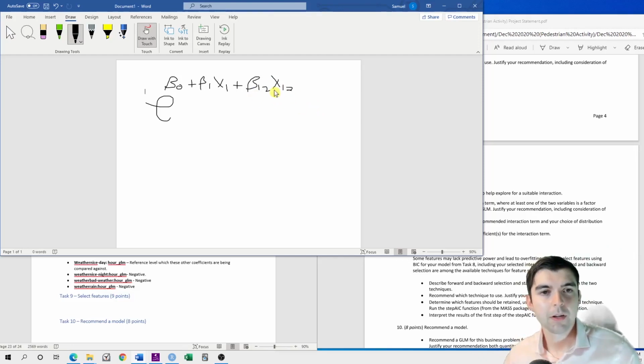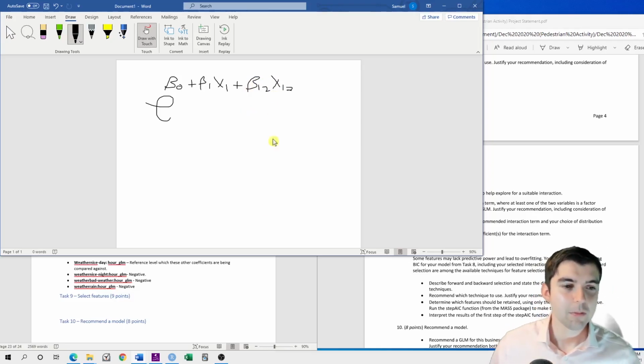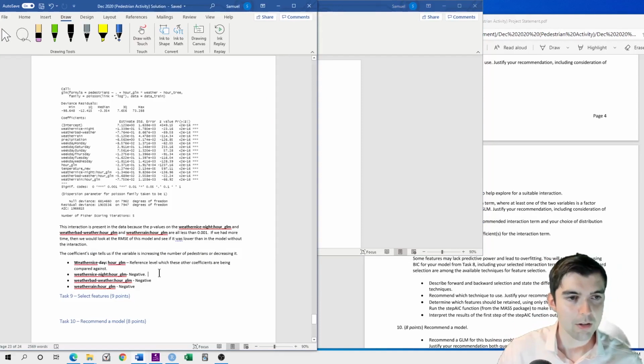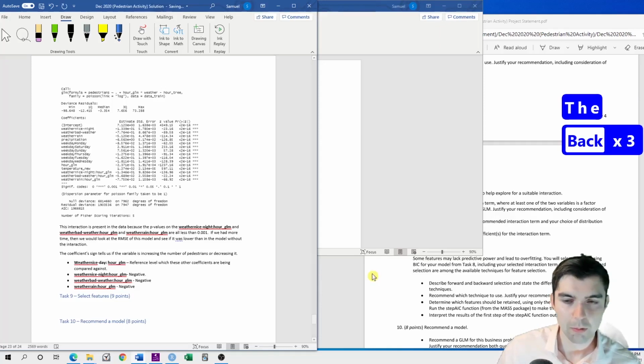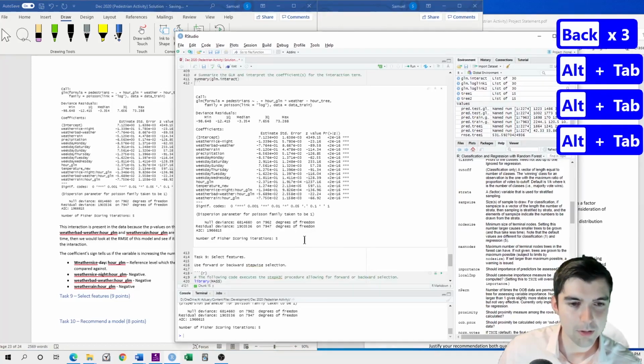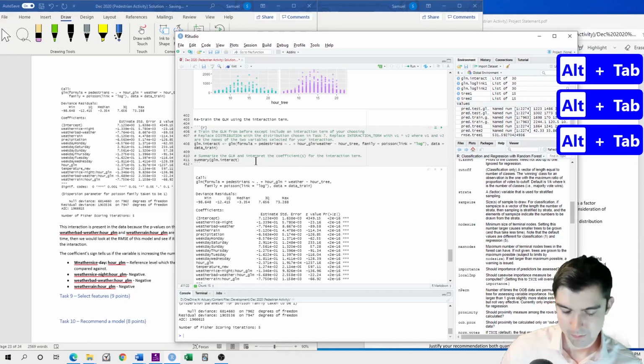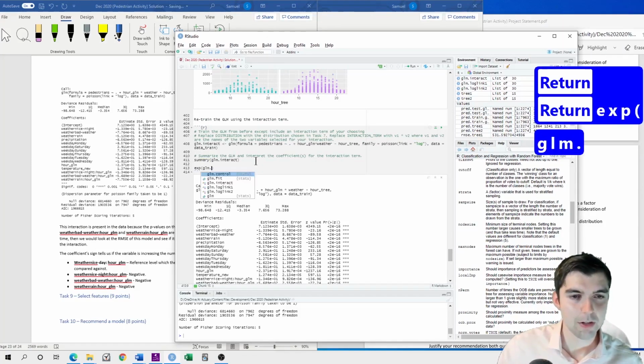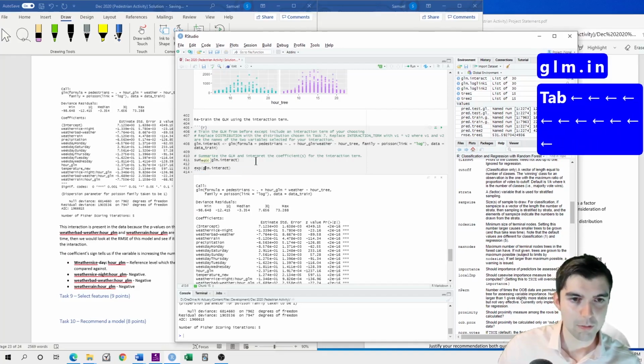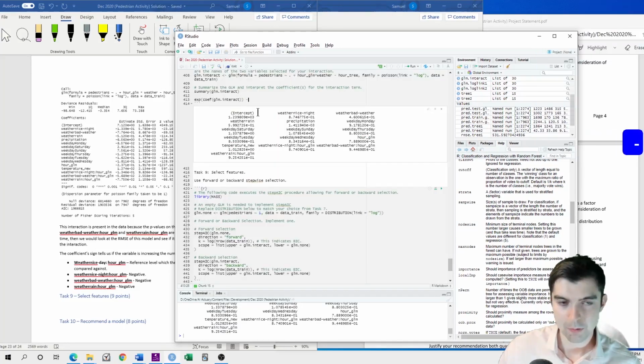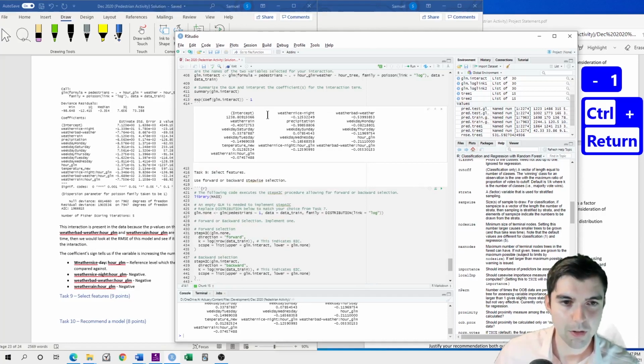The sign of this coefficient tells you the percentage change in the target for that specific interaction term. What we would want to do is take the exponent of the coefficients of GLM interact, right? And we do that, and then we subtract 1, we get the percentage change.